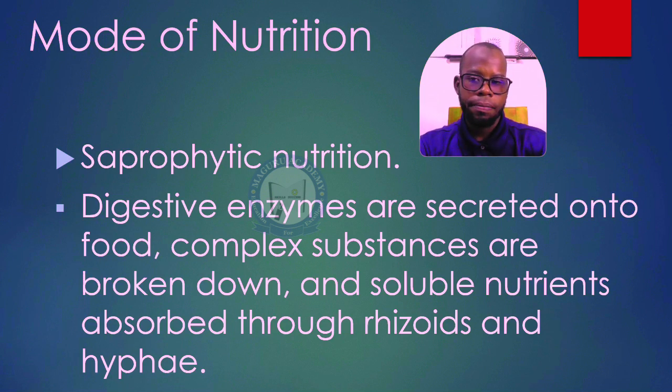Digestive enzymes are secreted into the food. That is how saprophytic nutrition takes place. Complex substances are broken down, that is, decomposed, and the soluble nutrients after decomposition are absorbed through hyphae and rhizoids. That is how you can explain the mode of nutrition.